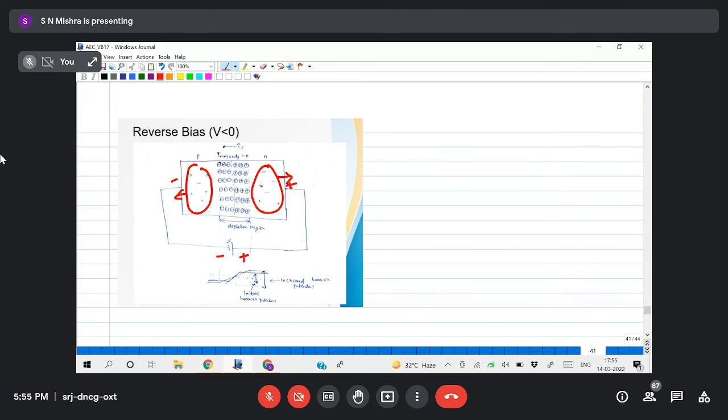If this hole will move here, the hole is minority here. Let us take a majority carrier. Whenever we studied impurity ionization or donor and acceptor adding condition, what we discussed is that if one positive ion is generated, then one electron will generate, and with a negative ion, a hole.